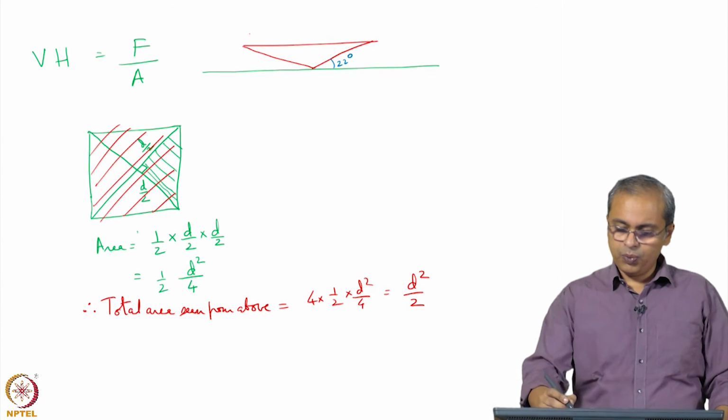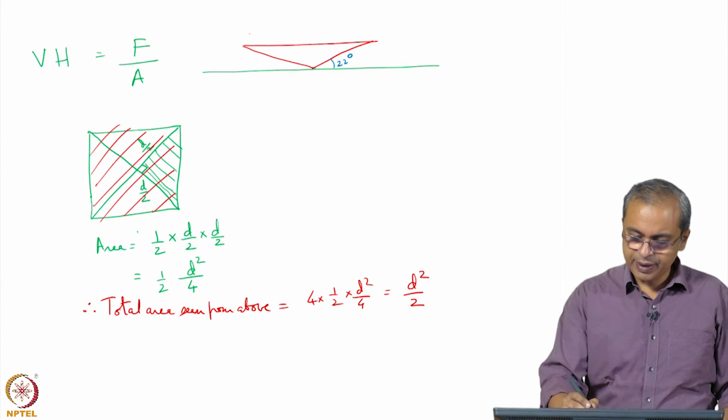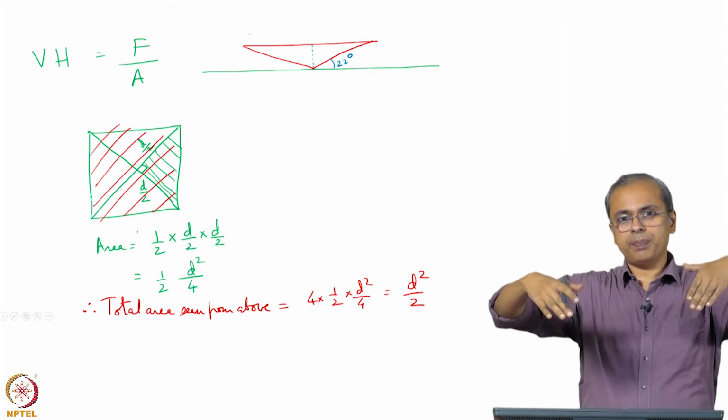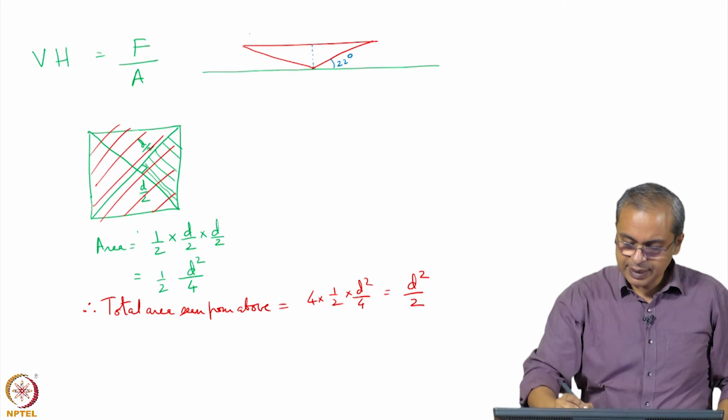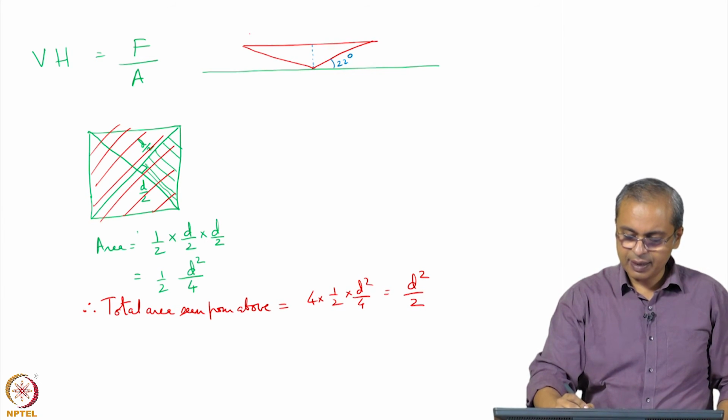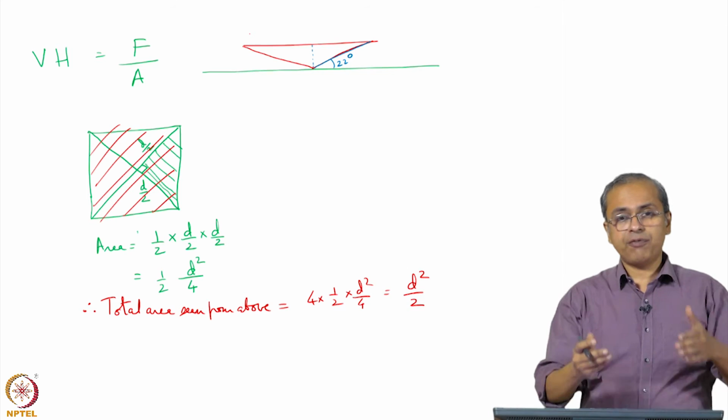Therefore, if you see what you are getting here, you are actually seeing the indentation from the top, and therefore, you are missing the fact that you are actually having the surface at an angle, and therefore, that has more area.